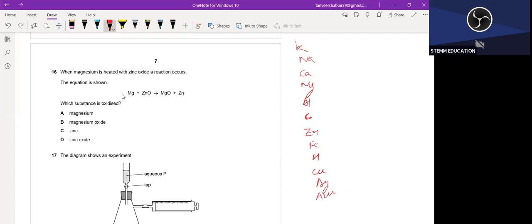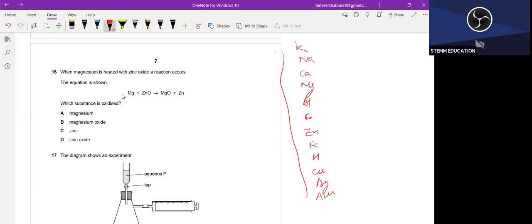This is the reactivity series of elements. From bottom to top, reactivity increases, or from top to bottom, the reactivity of elements decreases.